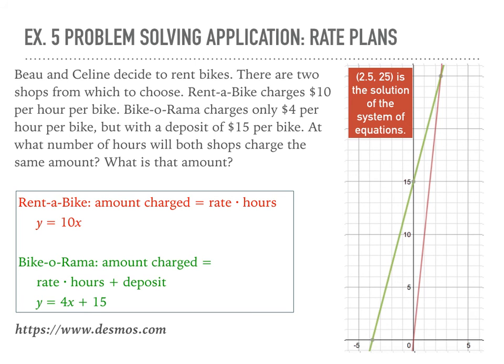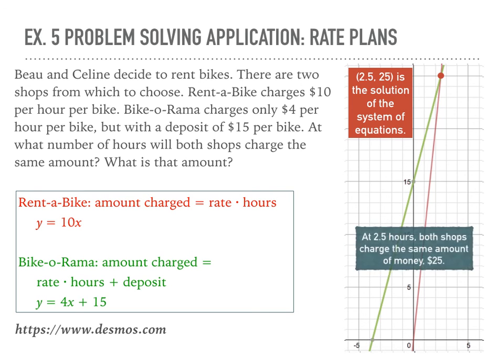I would then just make sure that that makes sense using the algebra. And to interpret this, it's saying that at 2.5 hours, both shops charge the same amount of money, which would be $25.